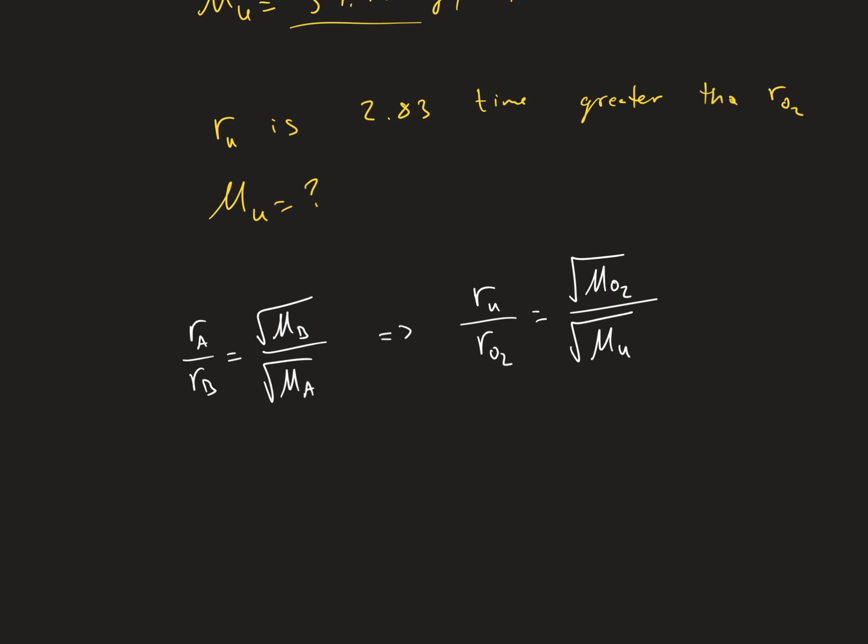Okay. And what are we looking for? The unknown gas. So how do we do this? Set it equal to the rate that you know. We could. Do you want to solve symbolically first or? So we need this to be on top, don't we? So we multiply by the square root of the molar mass of the unknown gas to both sides.